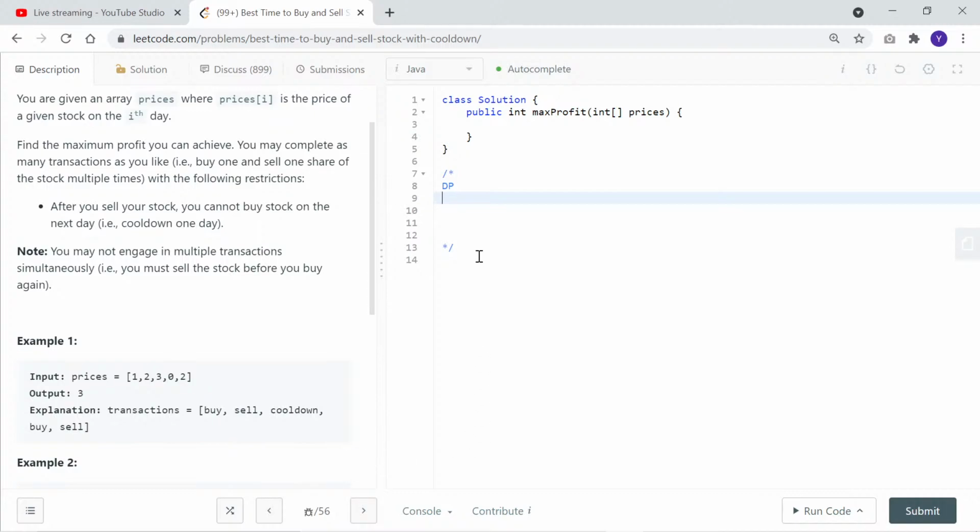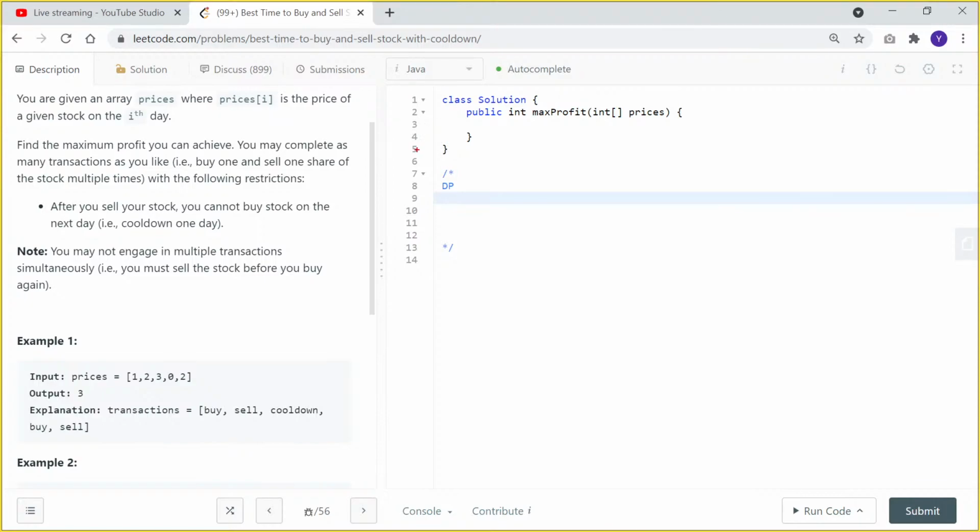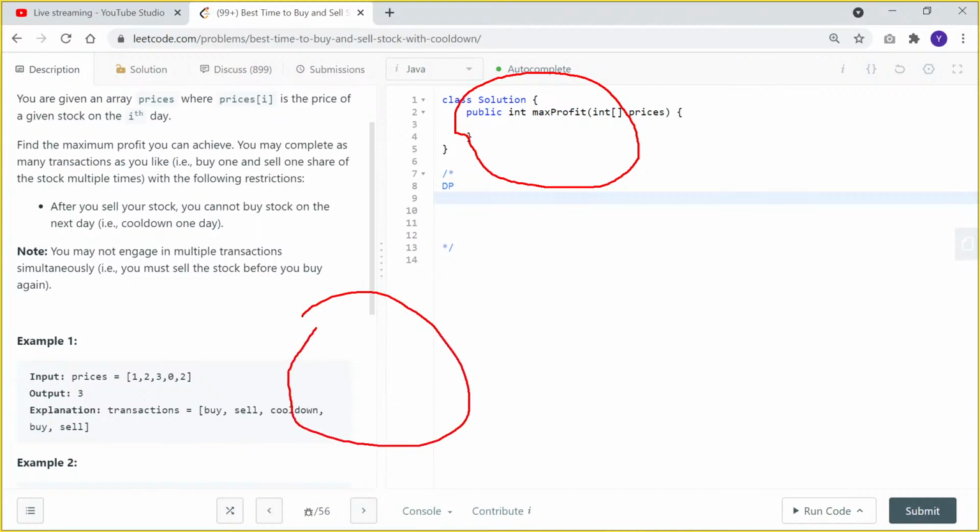So let me do some drawing, maybe to make the question a little clearer about the states. We can actually assign three states. The first one, we can call it cooled or ready.